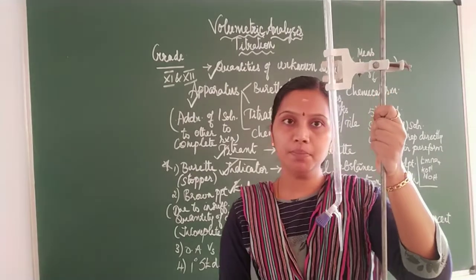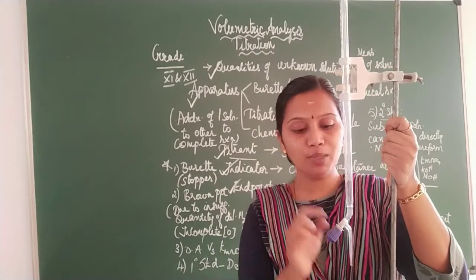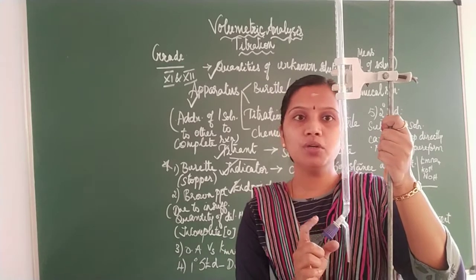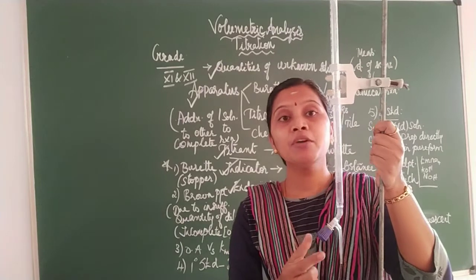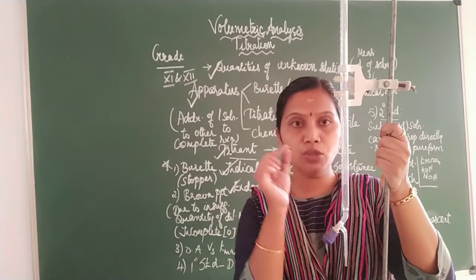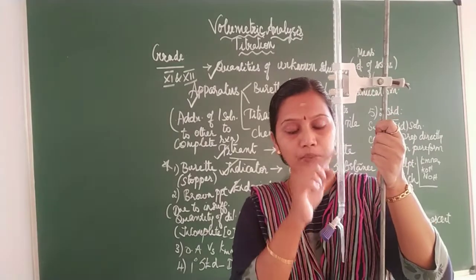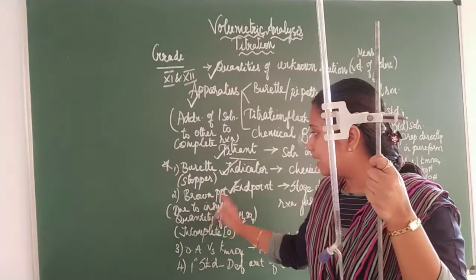Why should a rubber stopper not be used with potassium permanganate? Because potassium permanganate will attack the rubber stopper, so the concentration of the titrant will change. So whenever you are using potassium permanganate as a titrant, never use a burette with a rubber stopper. So this is your first precaution. What is the second precaution?